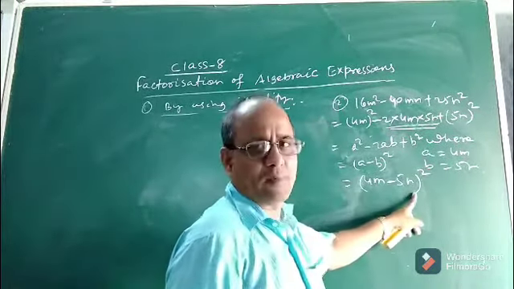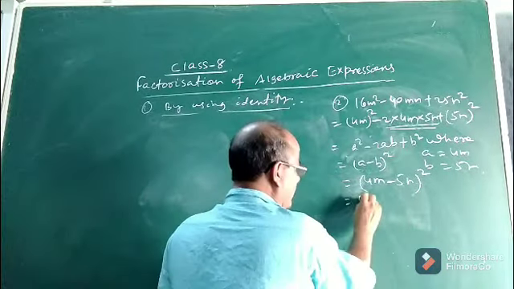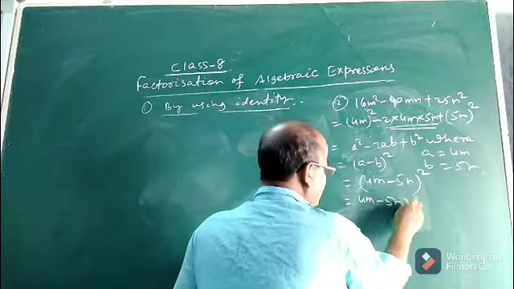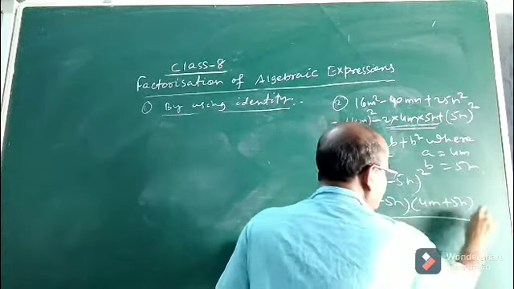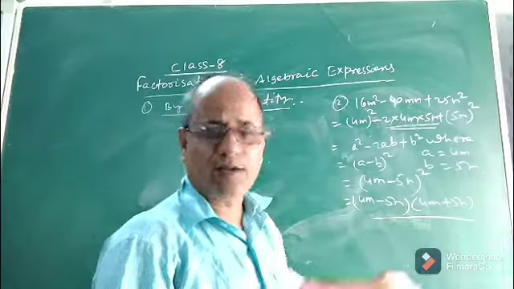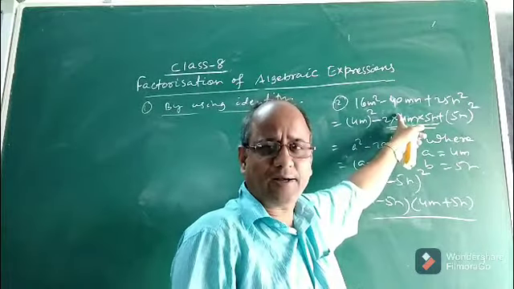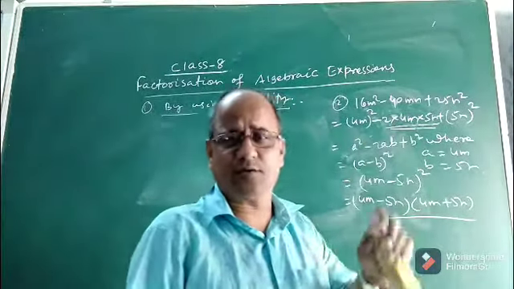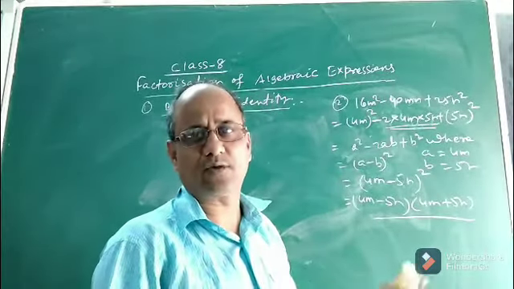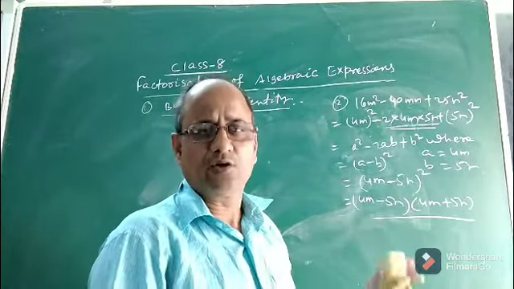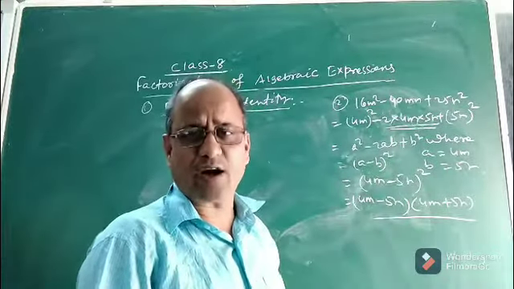It will be 4m minus 5n whole square, which is equal to 4m minus 5n into 4m minus 5n. So this is the complete factorization. And how did I factorize this algebraic expression? By using an identity: a minus b whole square equals a square minus 2ab plus b square. So these are the ways to factorize.